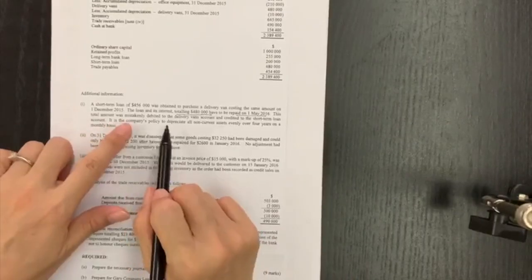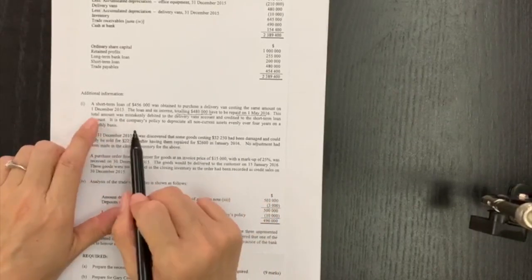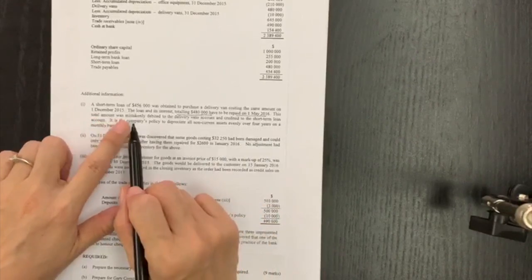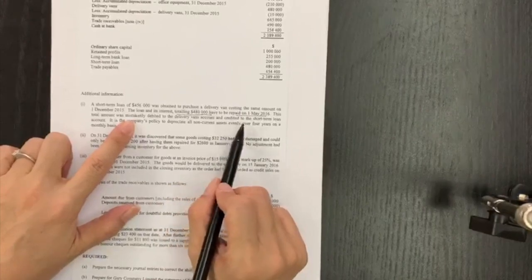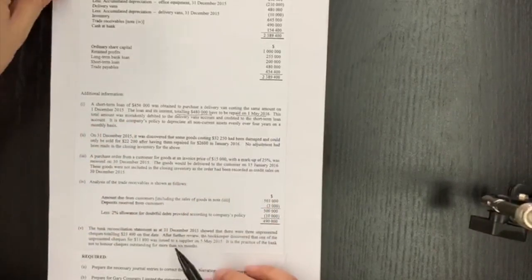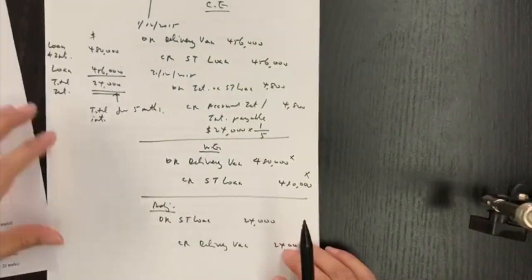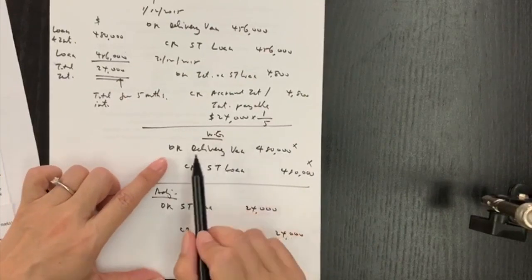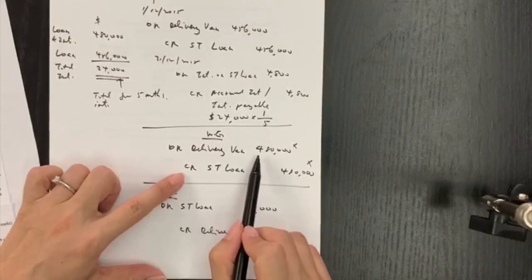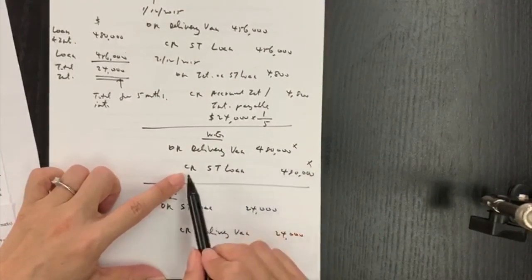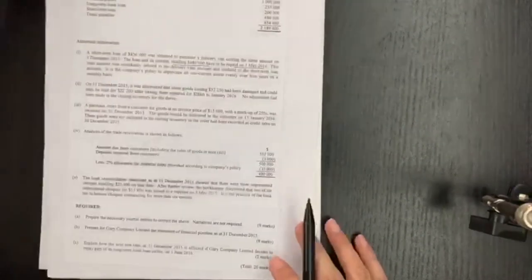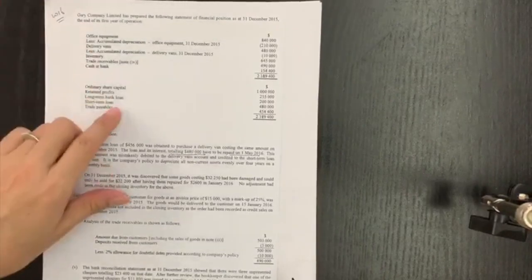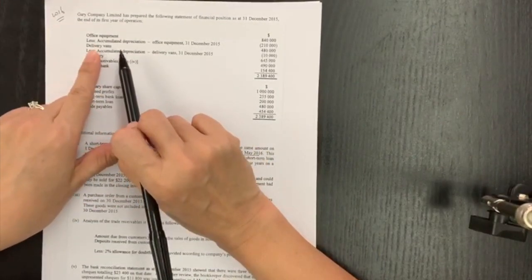Next, let's look at the wrong entry being done in the books. The total amount was mistakenly debited to the delivery van and credited to the short-term loan. Here is my analysis of the wrong entry: debit delivery van, the total amount 480,000, and credit short-term loan 480,000. You can prove this and find evidence if you look at the statement of financial position.